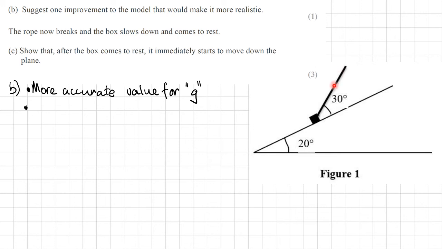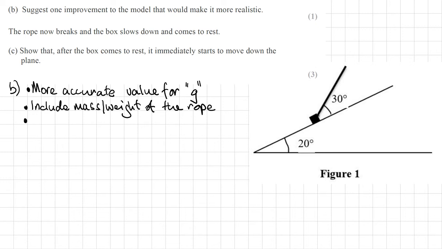The rope we modelled as being light and inextensible. Now, it may be more accurate to include the mass or weight of the rope. It may be that the rope is slightly stretchy, so as you pull it, you have to pull it a bit before it moves, so it may not actually be inextensible, so it may be slightly elastic.